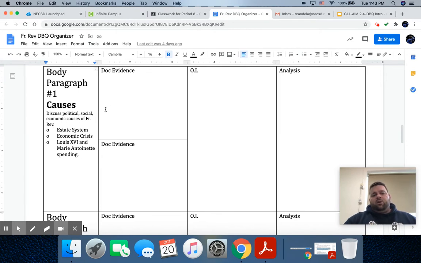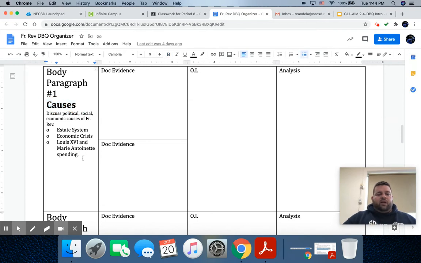Basically, you're going to use the document packet, which was provided to you yesterday, and pick document evidence out of it that discusses causes. The next thing is to complete the outside information section, where you discuss all of the other related outside information with regard to causes.